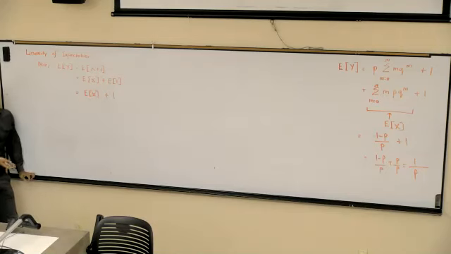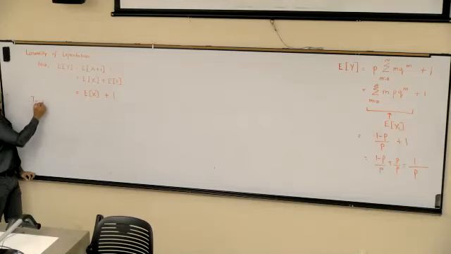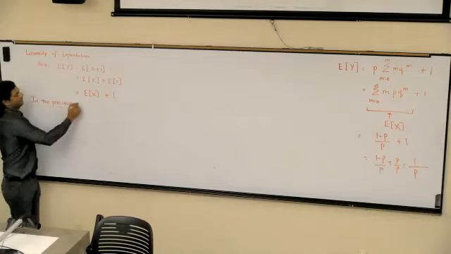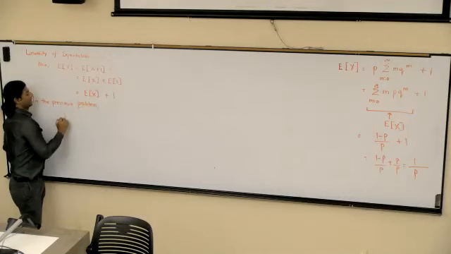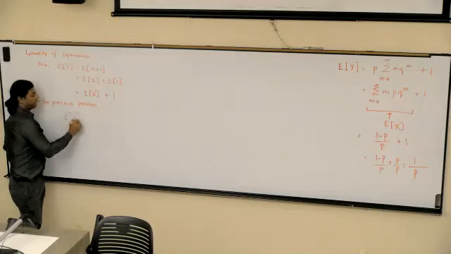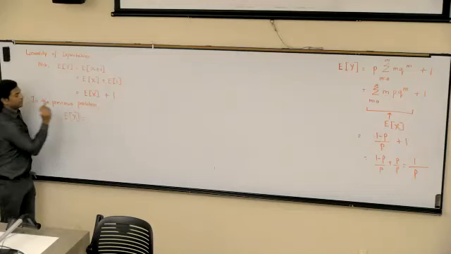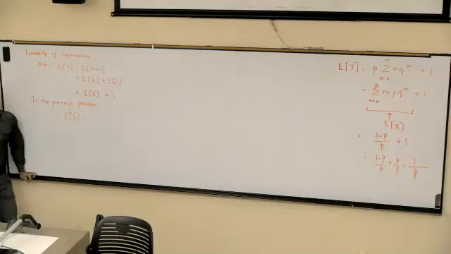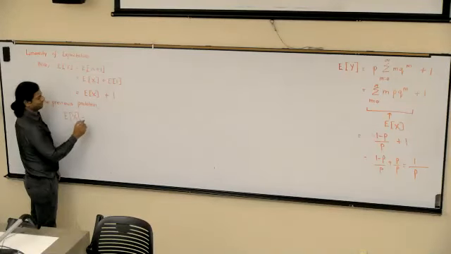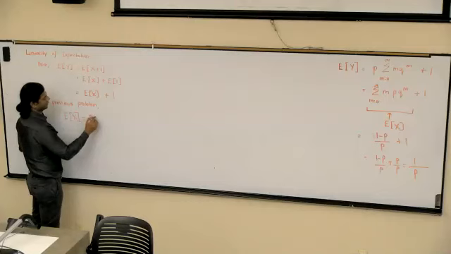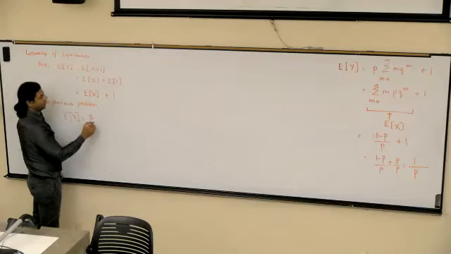So let's go back to the previous problem. Expectation of x was 8 point something, was it not? 8.15.